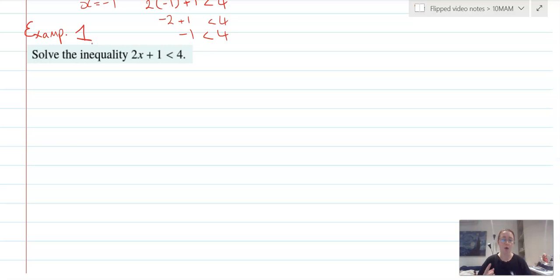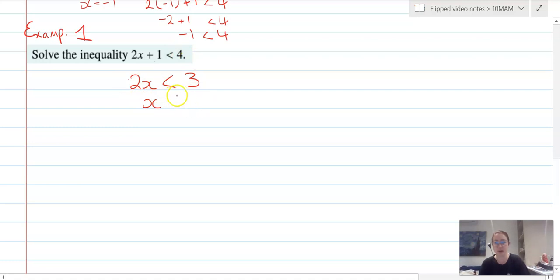There's only one special case where that's not the case, and I'll get to that in another example. Here, we would subtract 1 from both sides, so we'd have 2x is less than 4 minus 1, which is 3. Then we divide both sides by 2 to get x by itself. So x is less than 3 over 2.